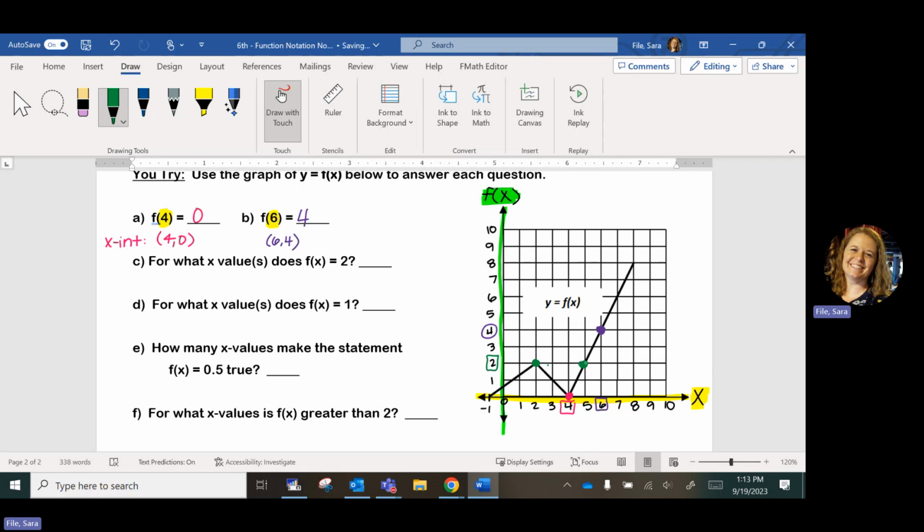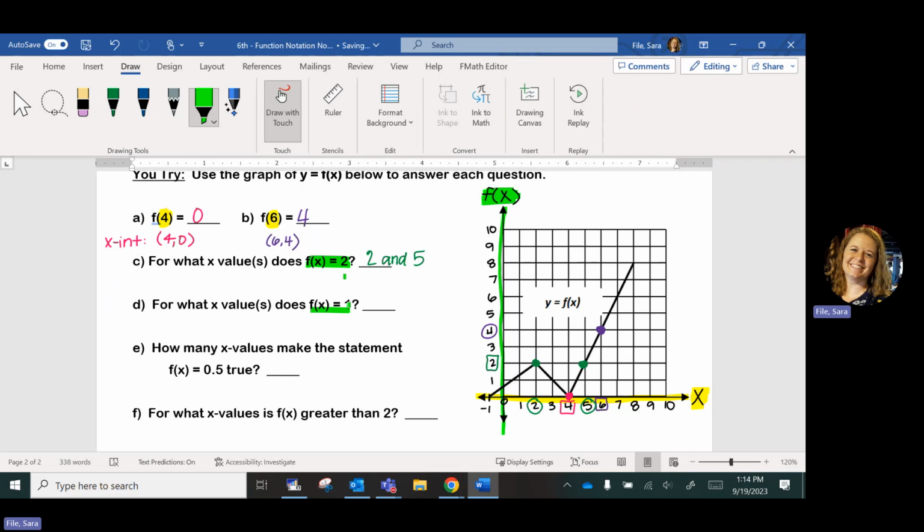So 2 locations when y is 2, or when your output is 2. What are those x values? Yeah, 2 and 5. Okay, I didn't highlight that. Let me highlight. So that was f of x equals 2.